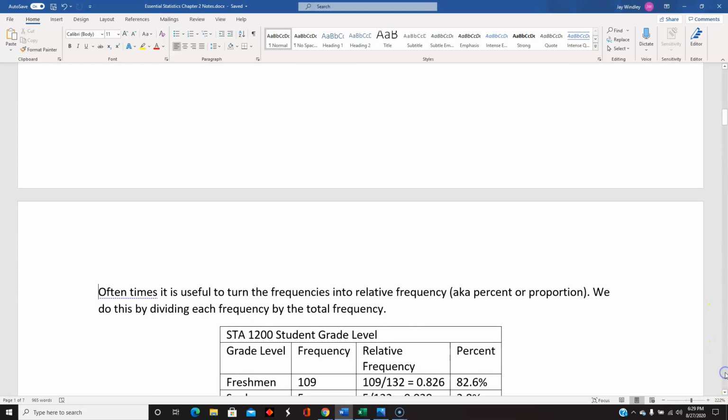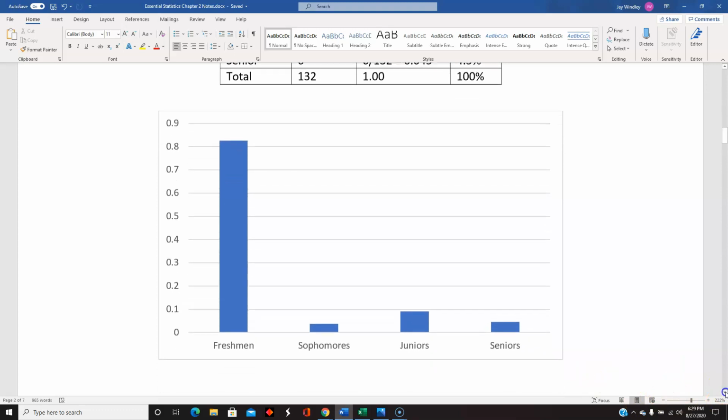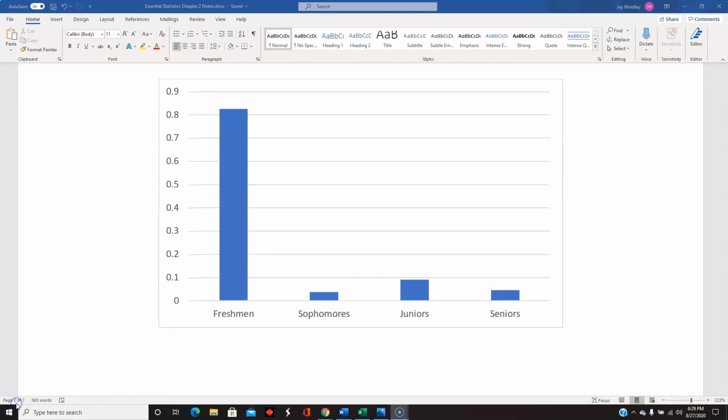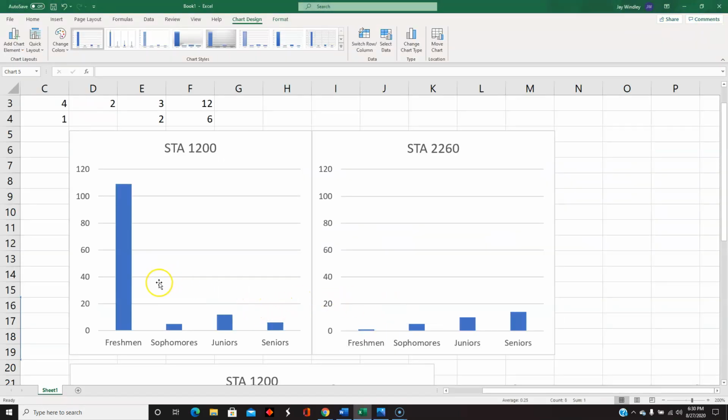The main reason that one would want to do relative frequency is if you're comparing two sets of data. For example, if I wanted to compare the distribution of grade level in Stat 1200 with the distribution of grade level in Stat 2260, I could do a couple of bar graphs side by side, but if the y-axis is the same on both of them, the bars for Stat 2260 are going to look very, very tiny because I only have 30 students in Stat 2260 and I have 130 students in Stat 1200.